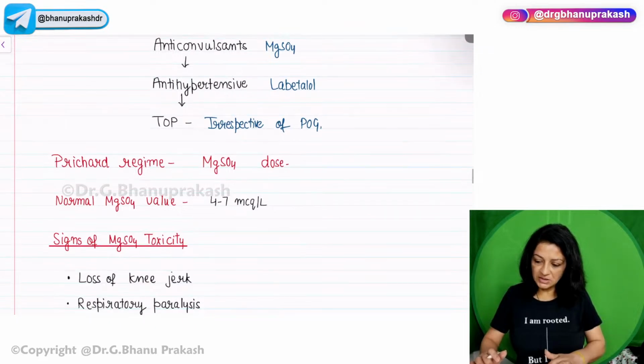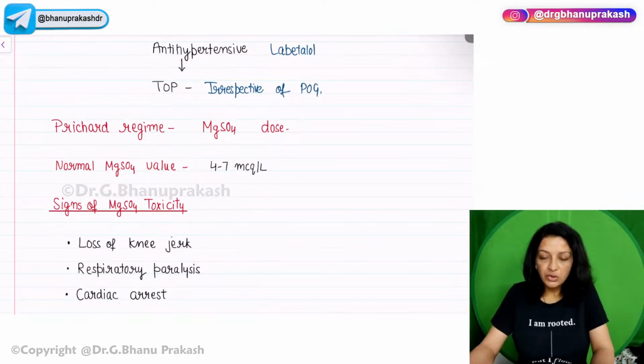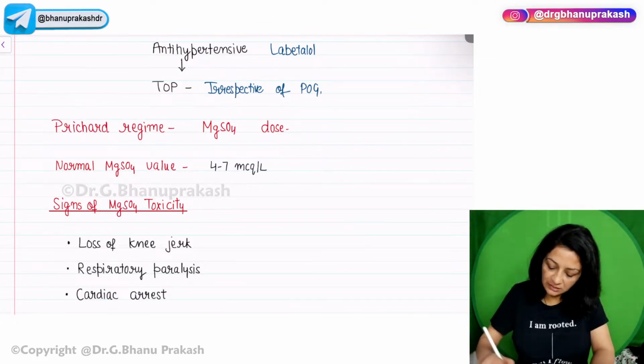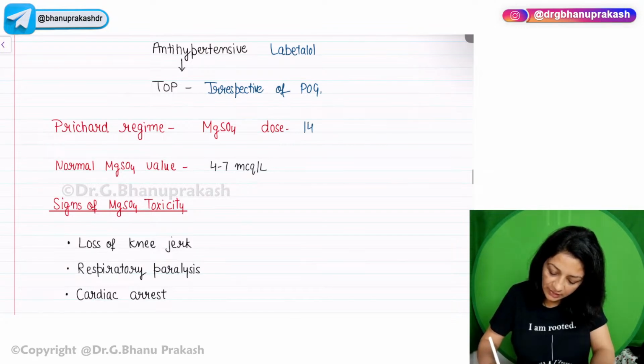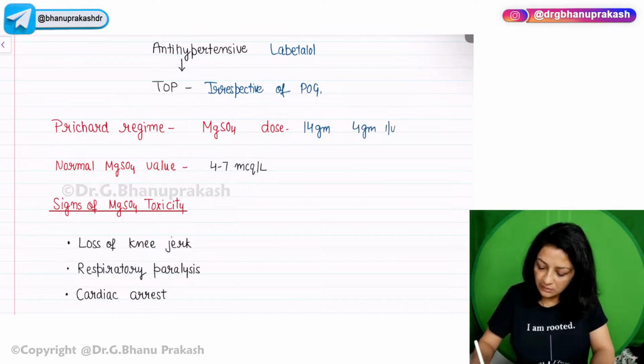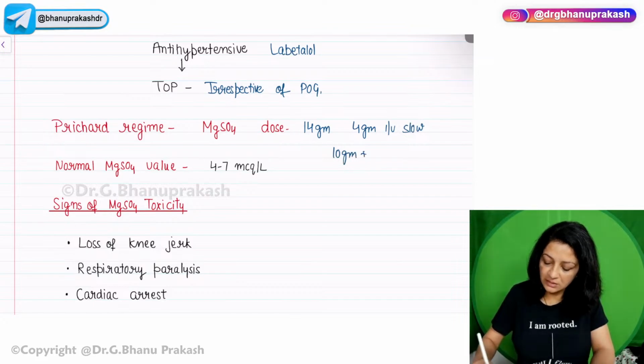So next important one is dose of magnesium sulfate. इसमें हम dose देंगे according to Pritchard regimen. Dose will be 14 grams. Means 4 grams IV slow and 10 grams divided into two, 5 grams plus 5 grams, intramuscular.